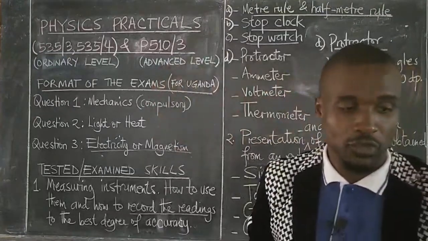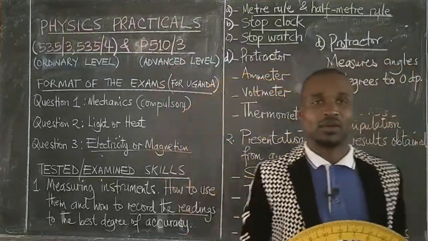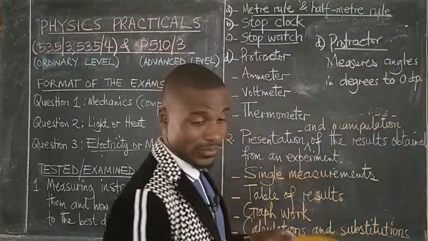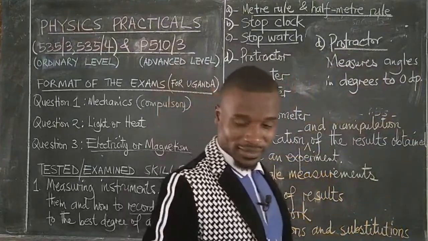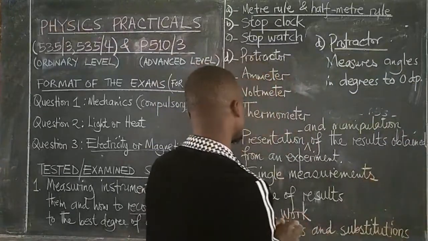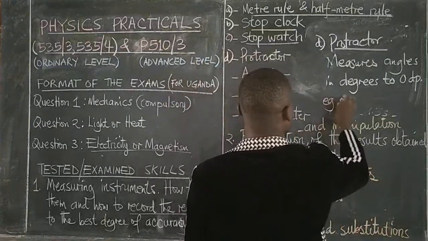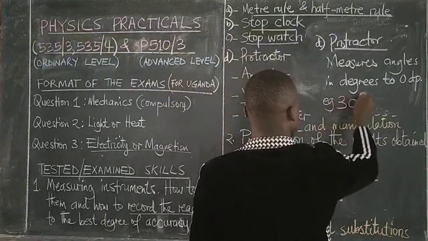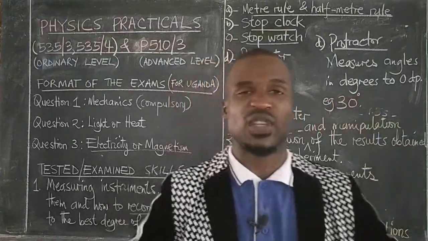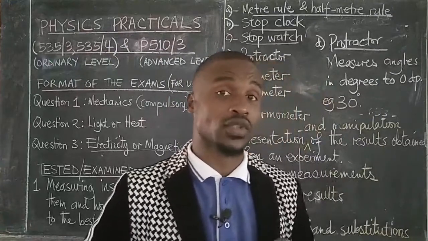So I have the chalkboard protractor here. You can use it for measuring angles. You have the small ones, so you can easily use those and measure angles. I'm putting an example. You may have 30 degrees, that can work. You can have 21 degrees. You may have any degrees, but you write them as whole numbers.